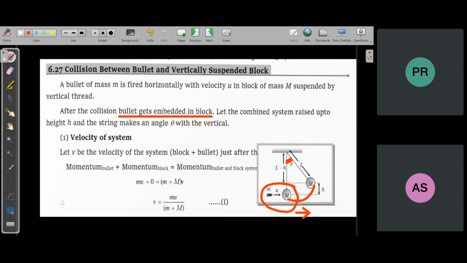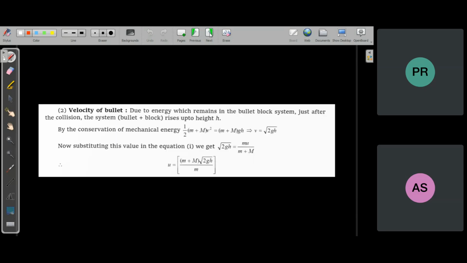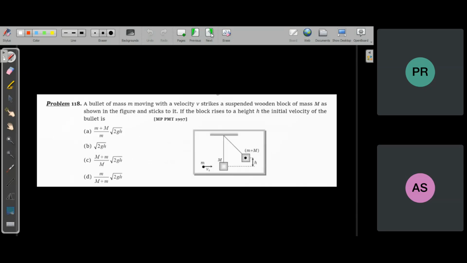So now after collision you can apply conservation of mechanical energy. So just two steps: conservation of momentum and conservation of mechanical energy for this type of question. So let's try this question, this one.